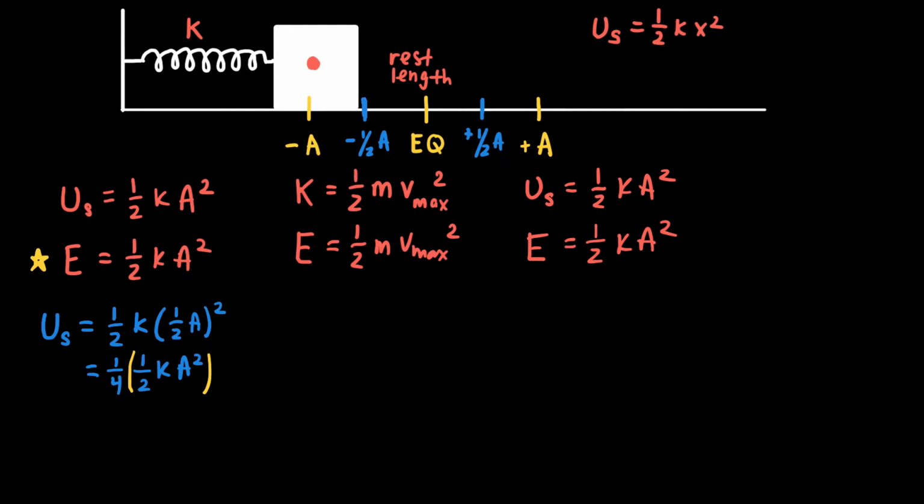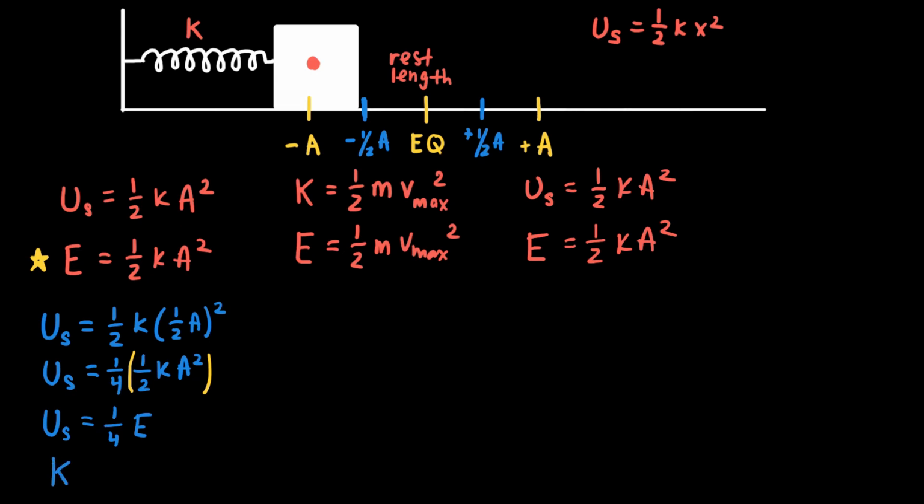And so if 1/2 K a squared represents the total energy of the system, then the elastic potential energy at 1/2 A is equal to 1/4 of the total energy. So the elastic potential energy at 1/2 the amplitude is equal to 1/4 of the energy.